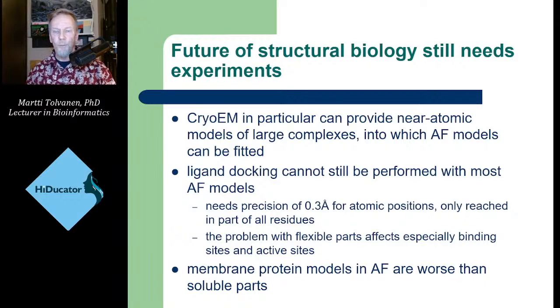So there were 20 new models, and comparing the AlphaFold predictions, 10 of them were really good and 10 of them not so good. And the problem was that the AlphaFold parameters for prediction reliability were not really helpful in distinguishing between the good predictions and bad predictions. So there's still room for improvement, and especially more experiments are needed for membrane protein structures so that they would be better understood to create the machine learning models.